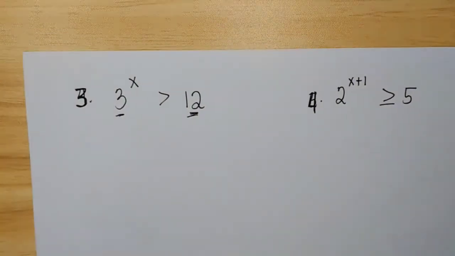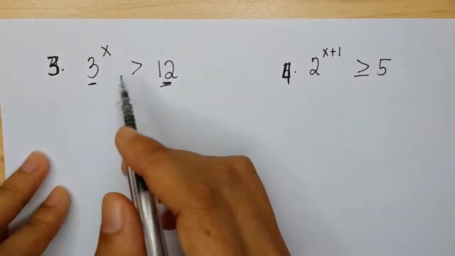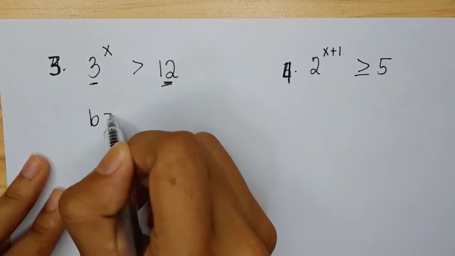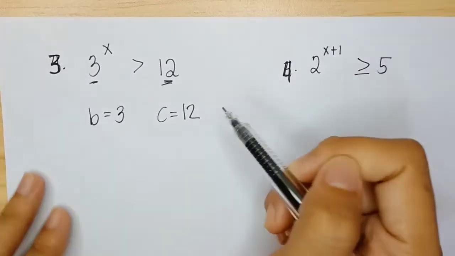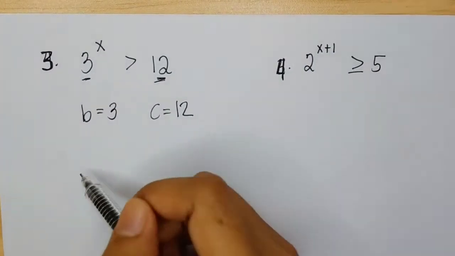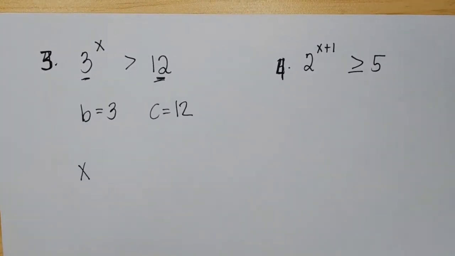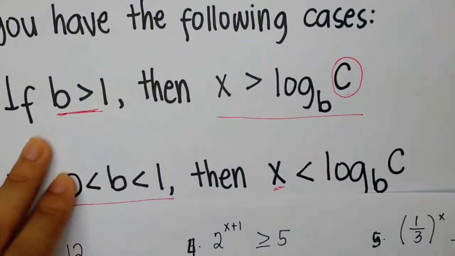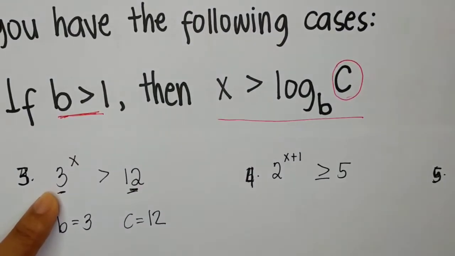So, we have here our example number 3. So base natin dito, yung b natin is 3, at saka yung c natin is 12. Then, after that, we're going to write it like this. X is, ano nga yun dapat? That is greater than, since yung b natin is 3, that is greater than 1.